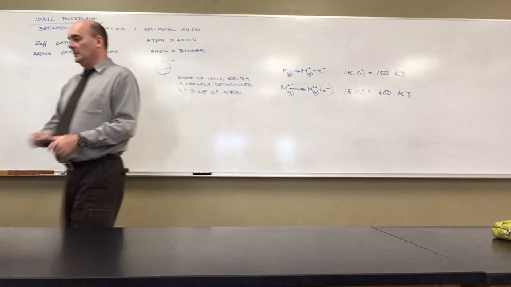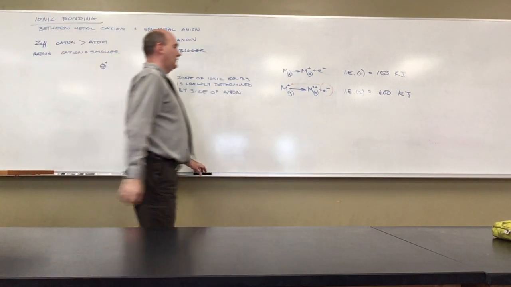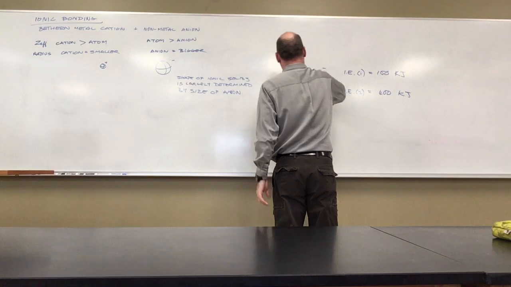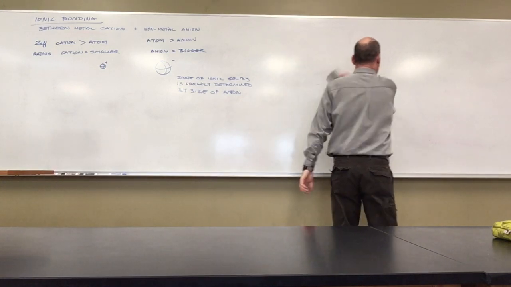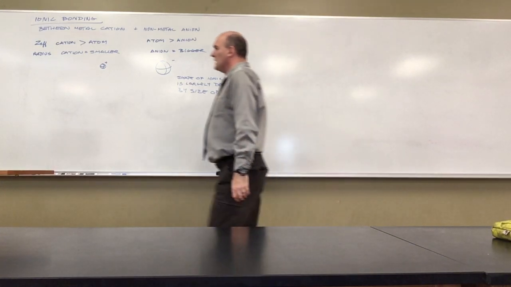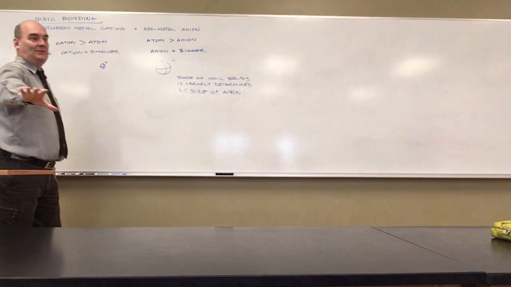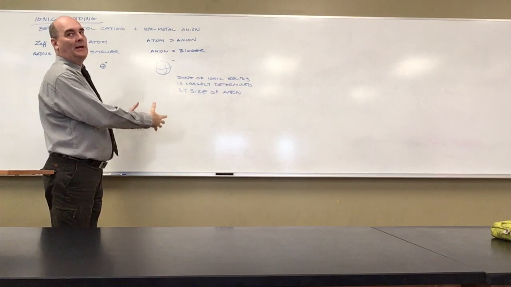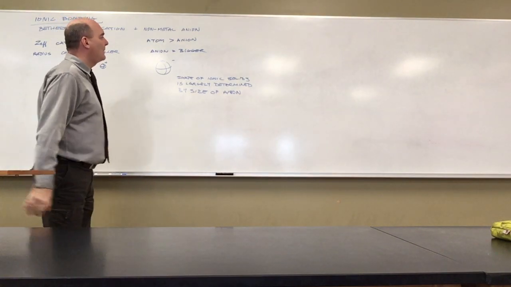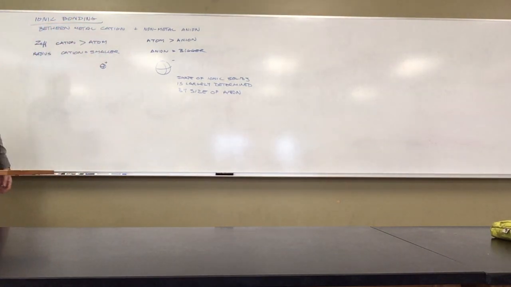Okay, so let's do a couple of little thought experiments. Now, we're going to make use of numbers. We're not going to do any math, but there are numbers behind this. And we're going to make use of the numbers the best that we can.